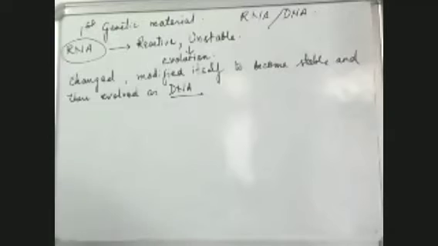The main difference is that RNA has ribose sugar, which has one extra OH, a hydroxyl functional group attached to the second carbon in the ribose sugar, whereas in DNA the second carbon has H. And the second thing is the presence of uracil. Uracil is present in RNA, whereas uracil is replaced by thymine in DNA.